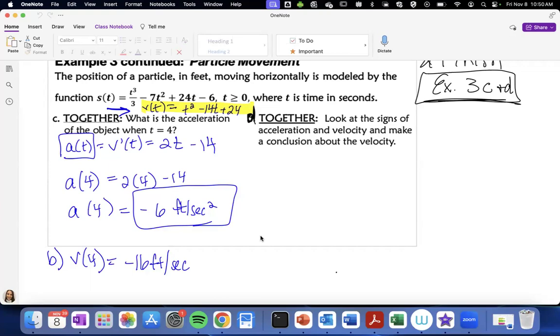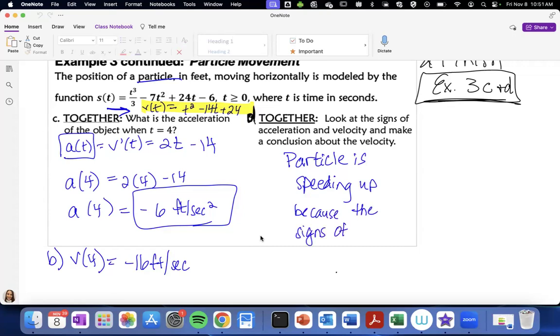So I can conclude that the particle is speeding up because the signs of acceleration and velocity are the same at t equals 4.